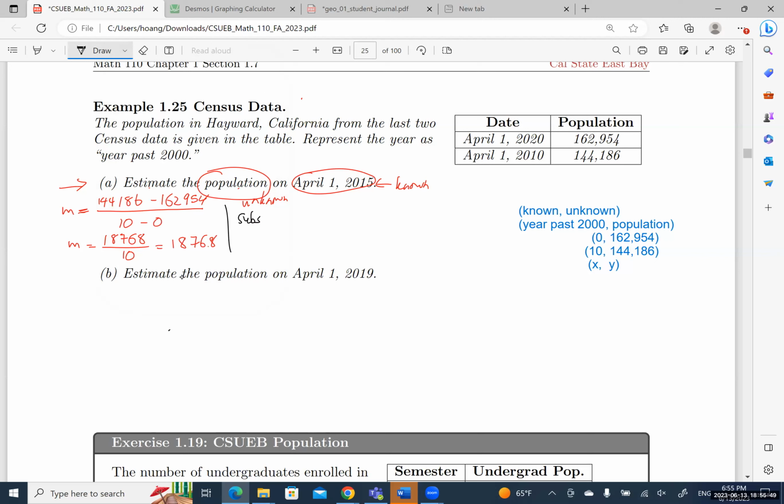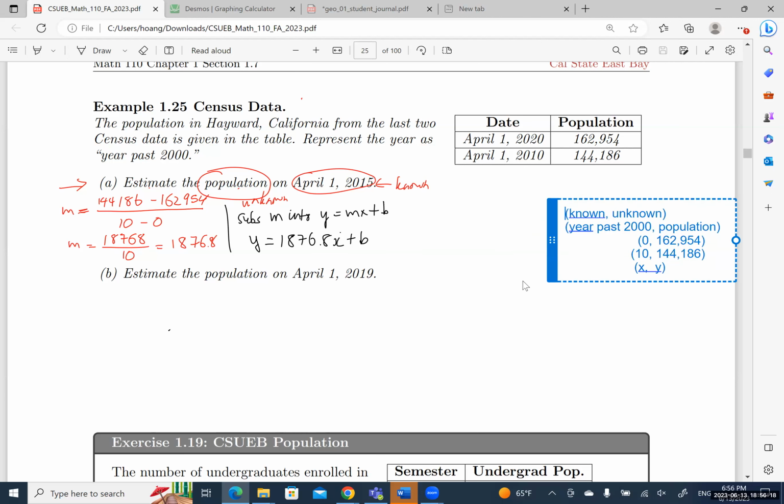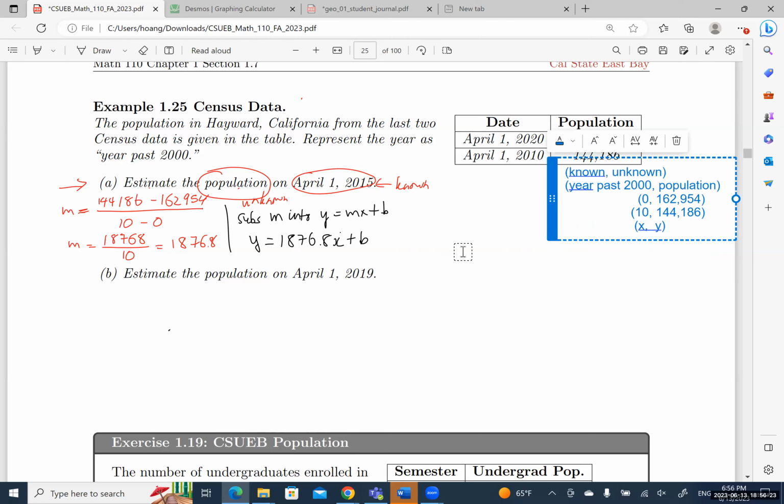So we have the slope. Let's substitute m into y equals mx plus b. So we have y equals 1,876.8x plus b, and we need to find b now. I'm going to move this a little bit up to here.